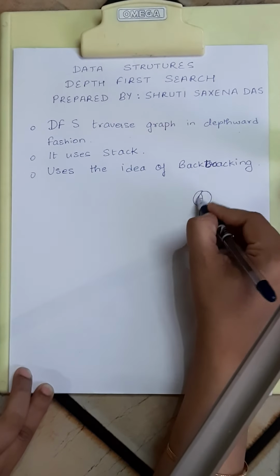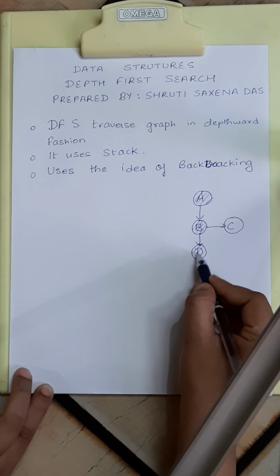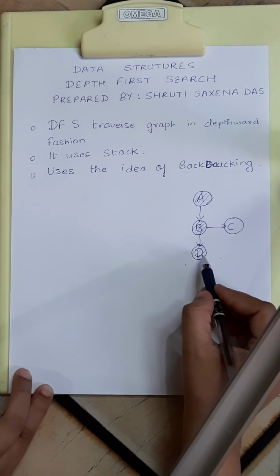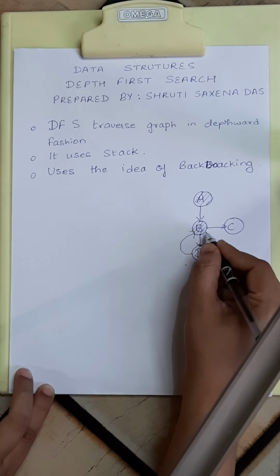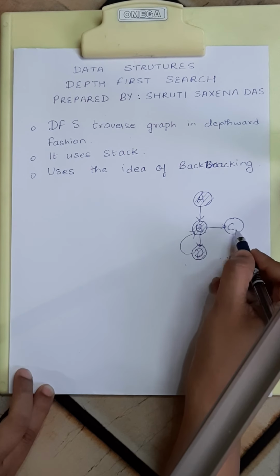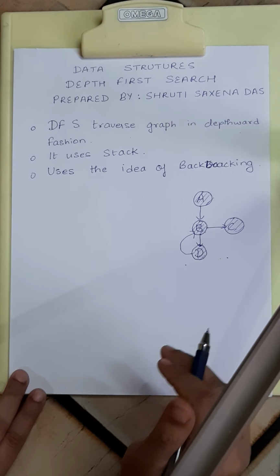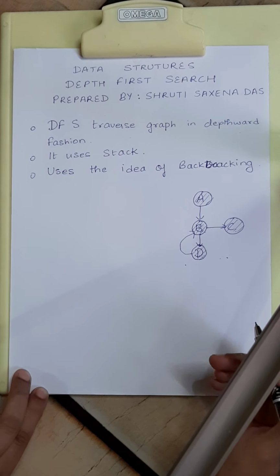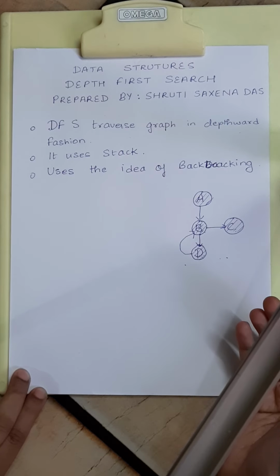You have already accessed A, and you have marked B. When you visited D, you marked it, and then you don't have any more nodes after D. So again you have to do backtracking. You'll go back to B and check whether there are any neighbor nodes which are not visited yet. So here you have C. This is the case of backtracking: in DFS, if you don't have any node along the current path, then you can move backward on the same path to find the nodes for traversing.